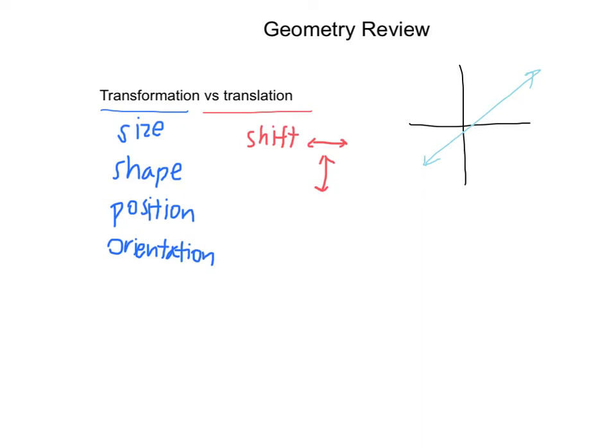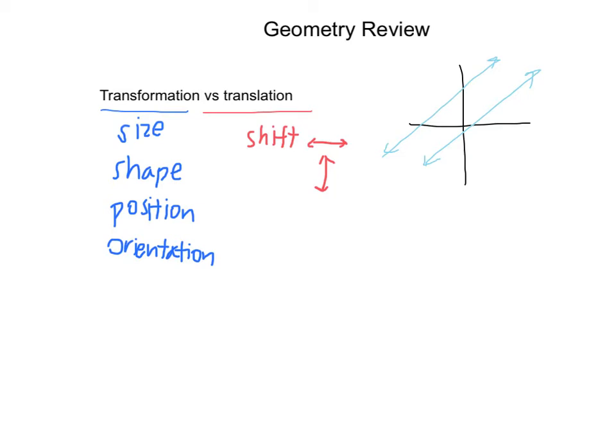So as you can see here, a translation is a horizontal or vertical shift. So we would move this shifted to the left. That would be a translation.